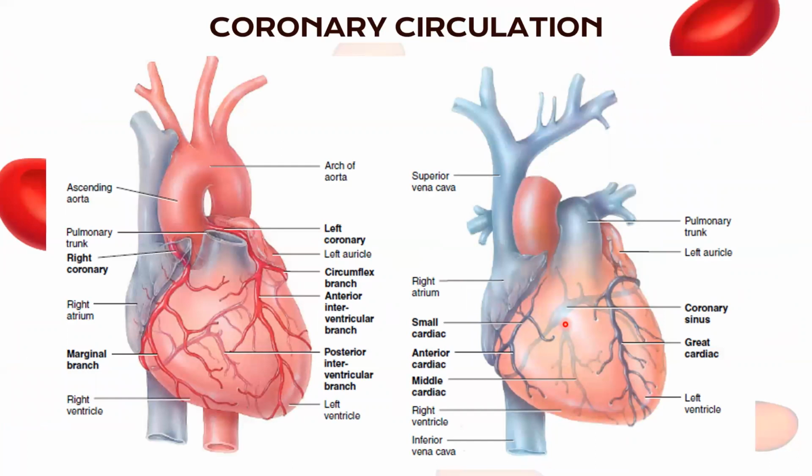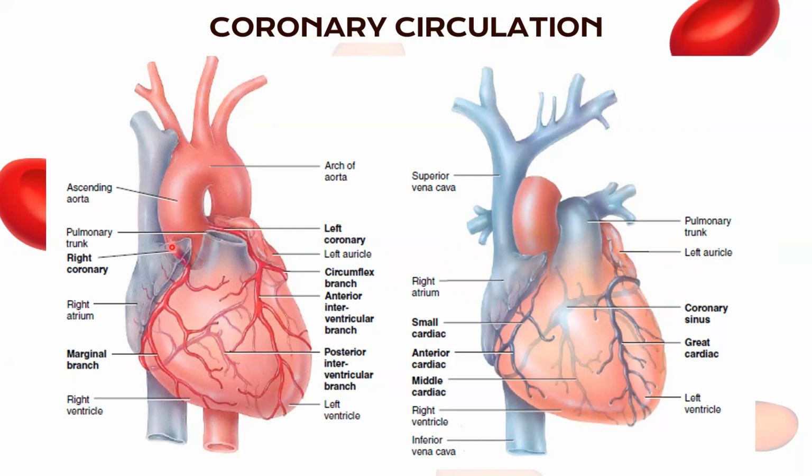The coronary circulation includes different arteries and veins that supply the heart muscle and the heart structure itself, through your right and left coronary arteries, which are direct branches of the ascending aorta.